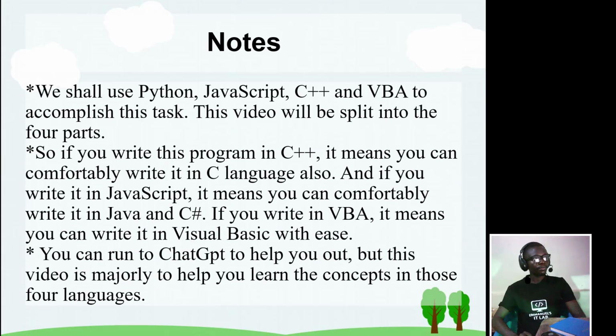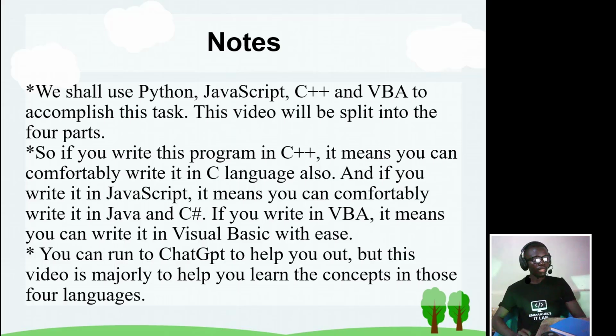Now, we have keynotes to take here. Like I said, we shall use Python, JavaScript, VBA to accomplish this task. Alongside, we shall build a graphical user interface application. I'm very confident that if you build this in C++, it will not be hard for you to do the same in C language.